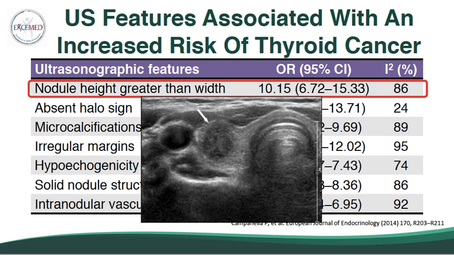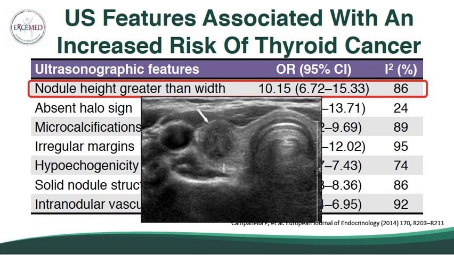In the meta-analysis I presented a few slides ago, they found that the ultrasonographic feature of being taller than wide, or a nodule height greater than the width, would be the highest risk for thyroid malignancy. So, taller than wide. Okay?